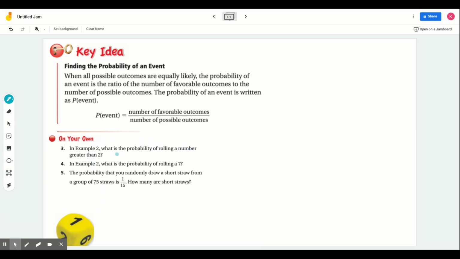So we can say the probability of a number greater than 2 would equal... The numbers greater than 2 on this die are 3, 4, 5, and 6. So that means there are 4 favorable outcomes. We know that there are 6 sides, so there are 6 possible outcomes. So the probability of greater than 2 is equal to 4/6, which can be reduced to 2/3.